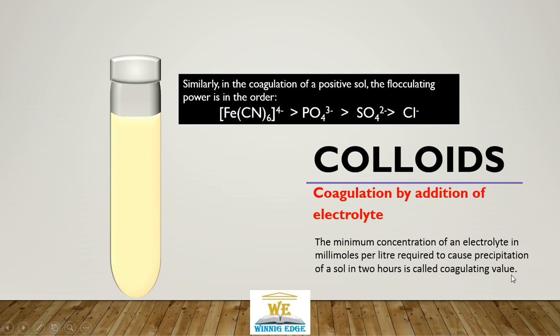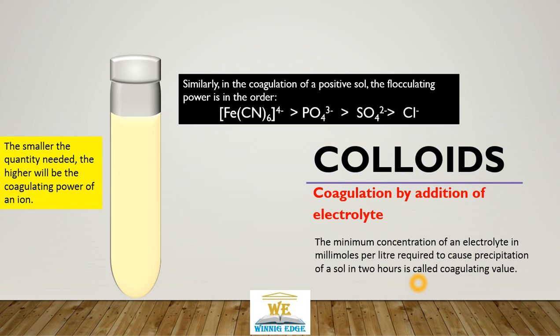So the definition of coagulating value is the amount in millimoles per liter required to cause precipitation in 2 hours. 2 hours is a time period, and the concentration is in millimoles per liter. The smaller the quantity required, the higher will be the coagulating power of the ion, as we saw in the Schulze Rule.